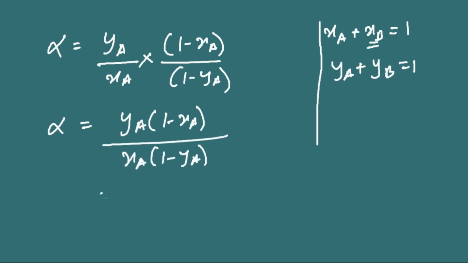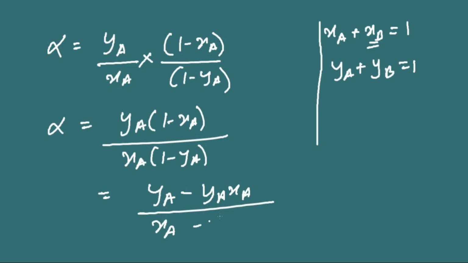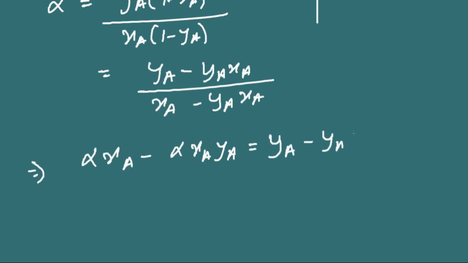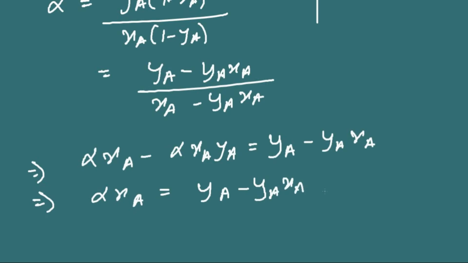I will simplify this by multiplying: YA minus YA XA divided by XA minus YA XA. If I take this term on this side, what I get is alpha XA minus alpha XA YA equals YA minus YA XA. I take all the terms containing Y on one side. So alpha XA is equal to YA minus YA XA plus alpha XA YA.